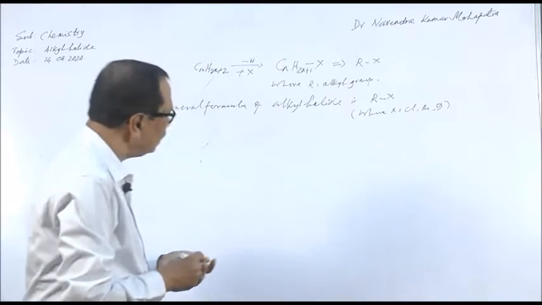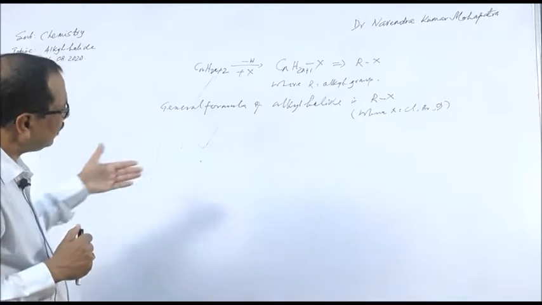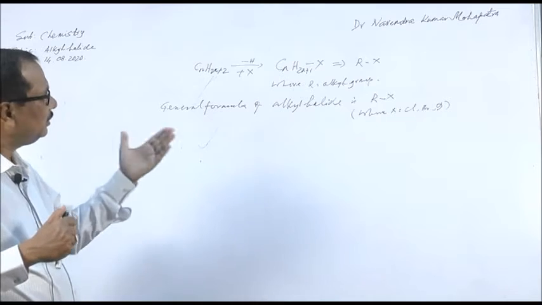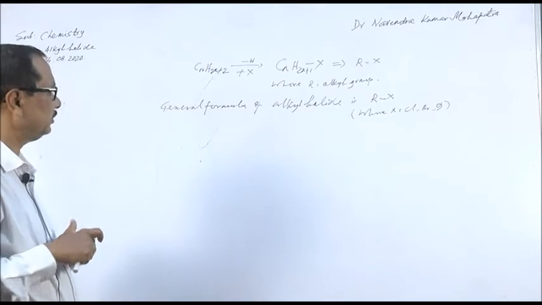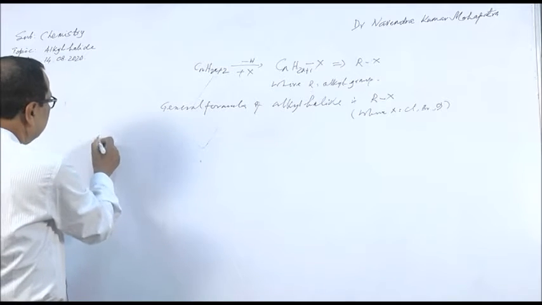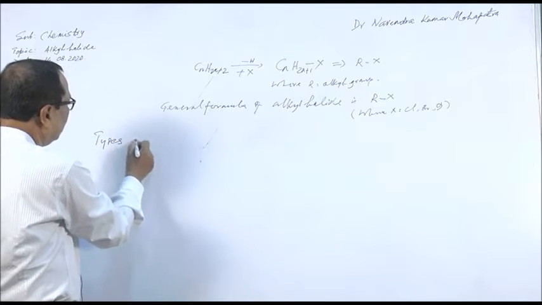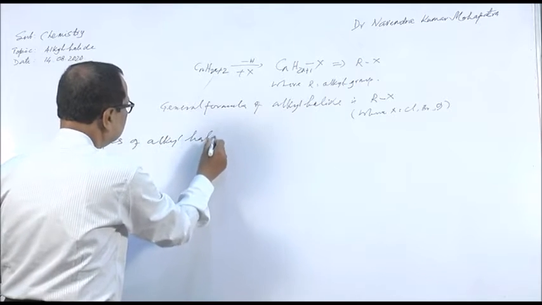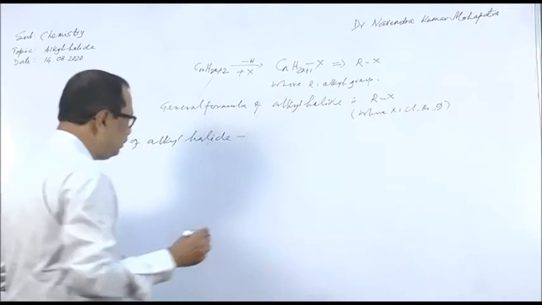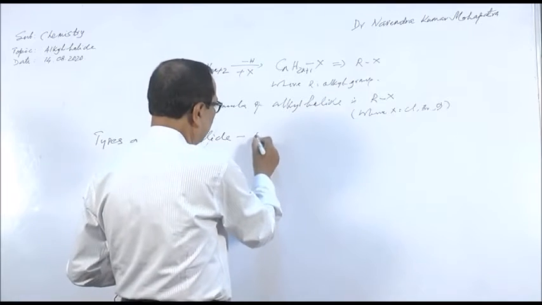Now, this alkyl halide may be of various types depending on the nature or the number of halogen atoms replacing the hydrogen atoms. The types of alkyl halides are monohalide.